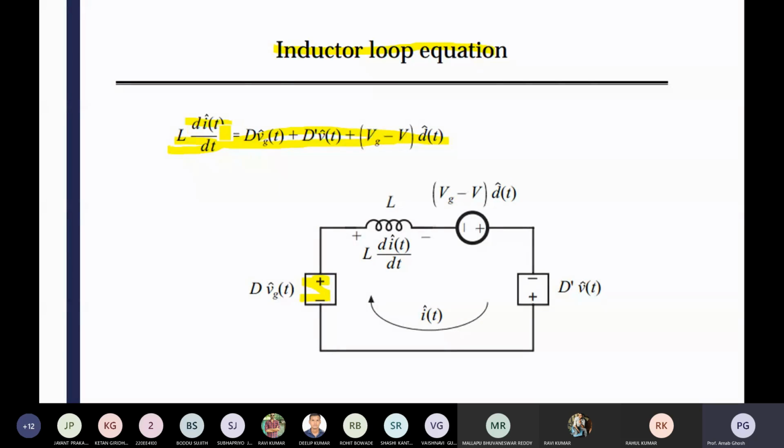My class is going to be complete by 10 a.m., so I'm in quite a hurry. You can get the expression of the small signal inductor current, and the KVL equation explains the circuit for the inductor voltage.